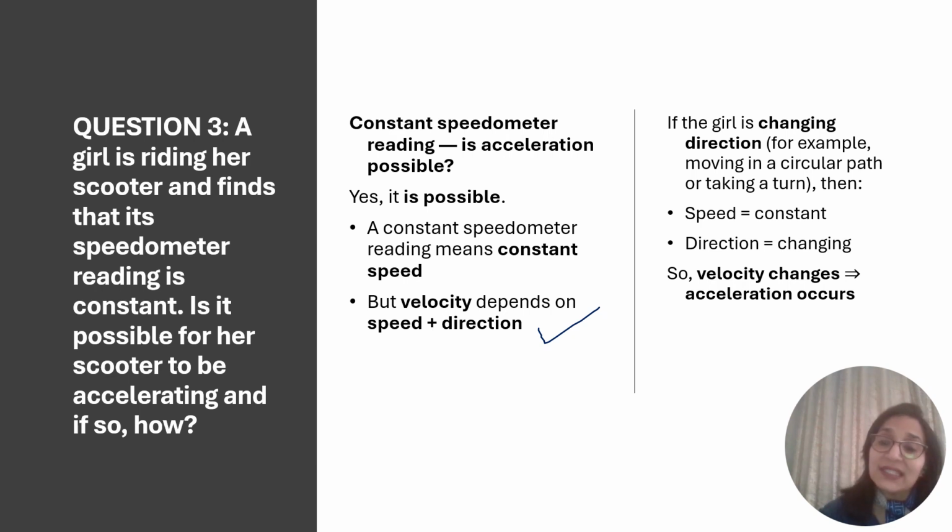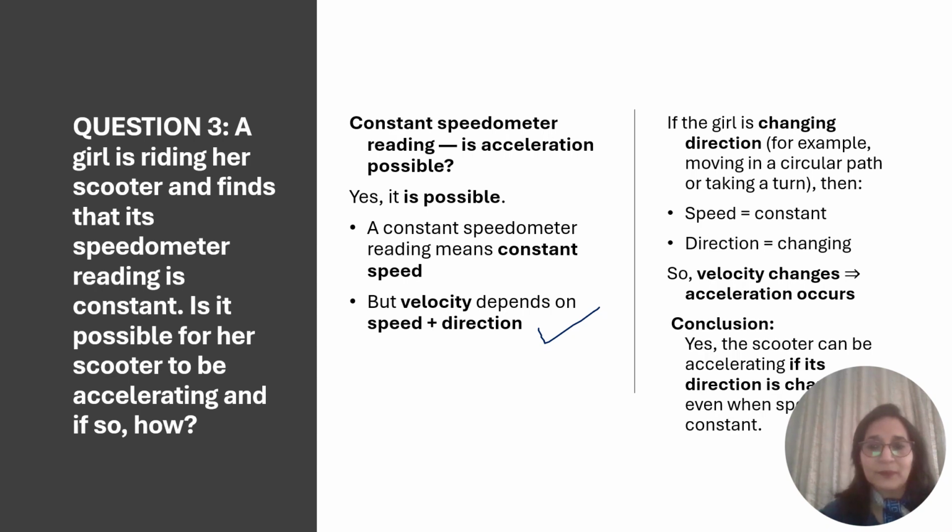When the velocity changes, there will be acceleration. So basically what is acceleration? Acceleration is rate of change of velocity with time. So what is the conclusion? Yes. The scooter can be accelerating if its direction is changing even when the speed is constant. Hope this point is clear.